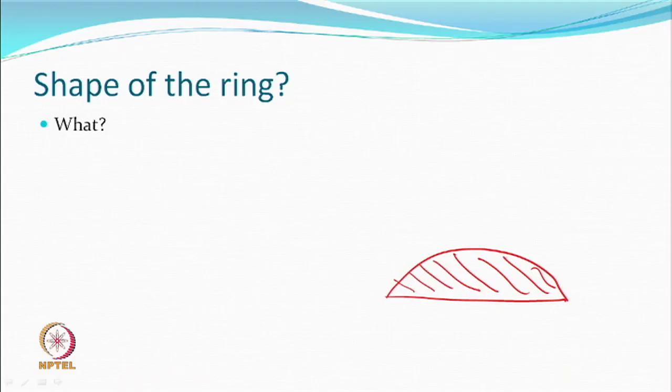Now, if shear is to take place, then what do we do? So, you say reduce the contact length, so less shear, increase normal force, reduce contact length, these are the kind of things that you can do, obviously without damaging the fiber itself. So, one can have the shape of the ring like this, or you can have the shape of the ring like this.